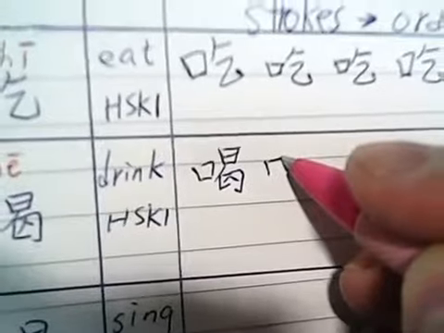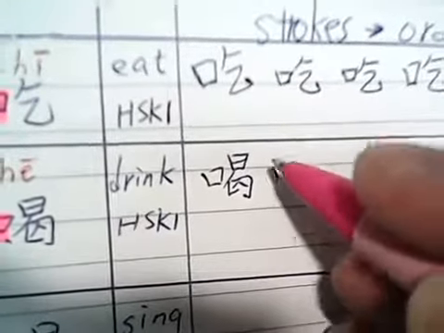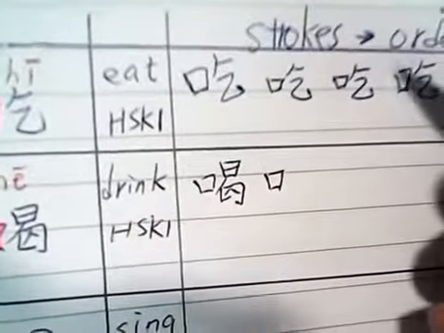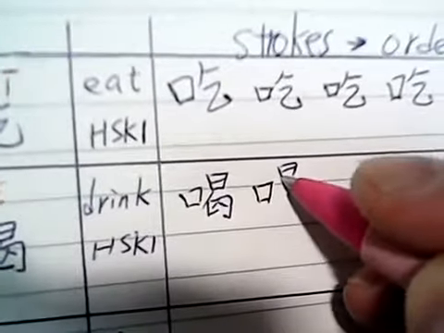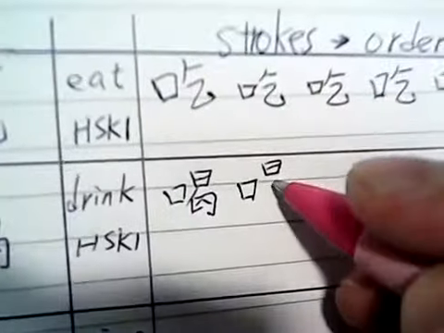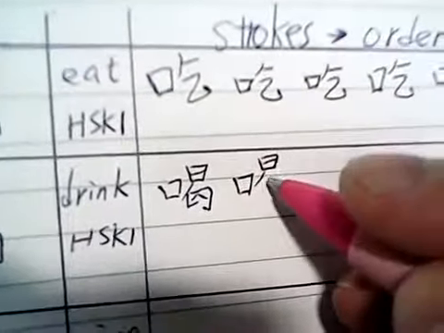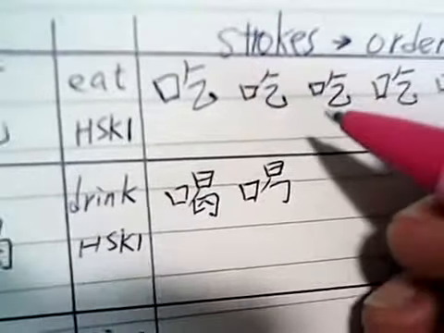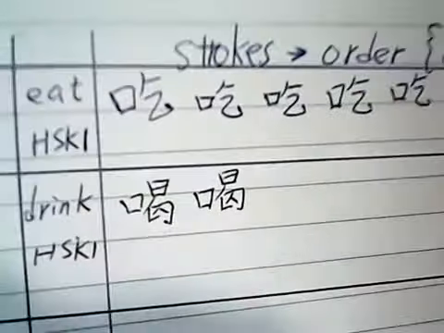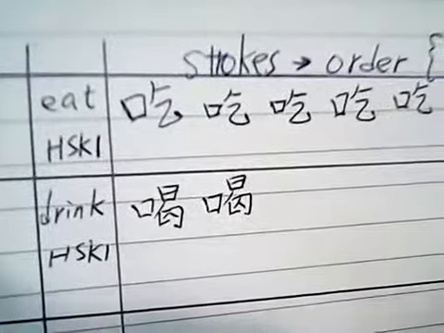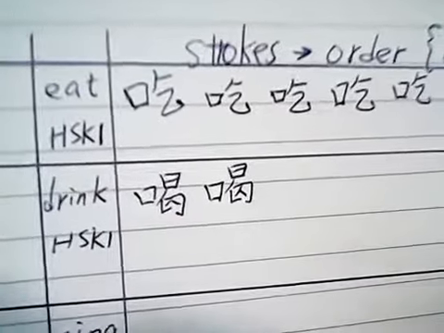The left part. Okay, got it. Upper side, like this. Okay, like this, like this. Okay, that's the strokes of the word, and you can learn how to write it.